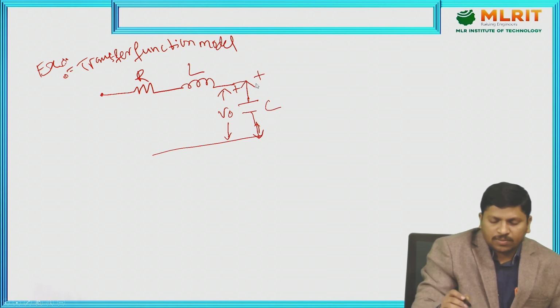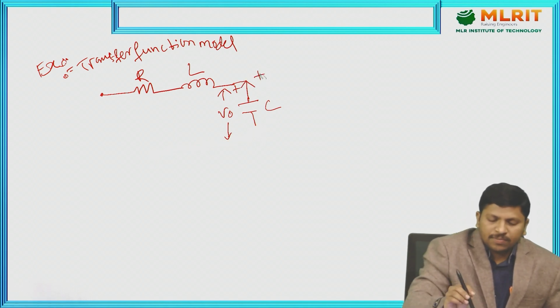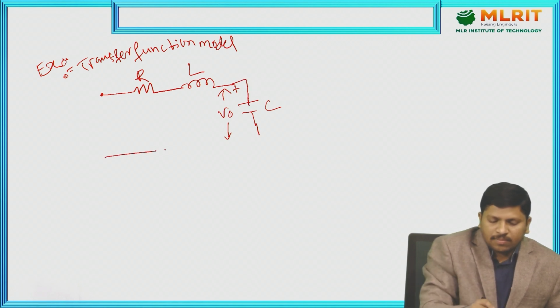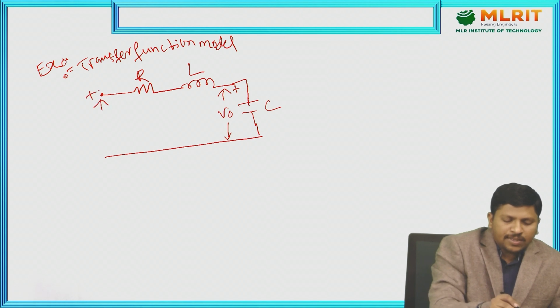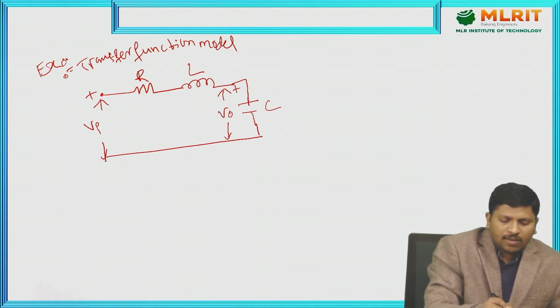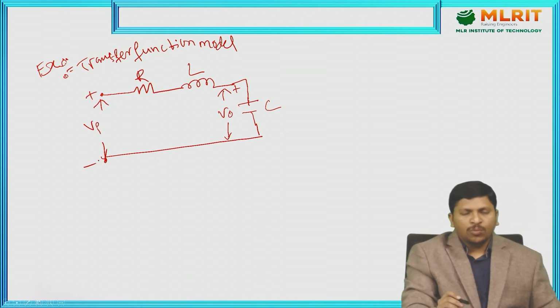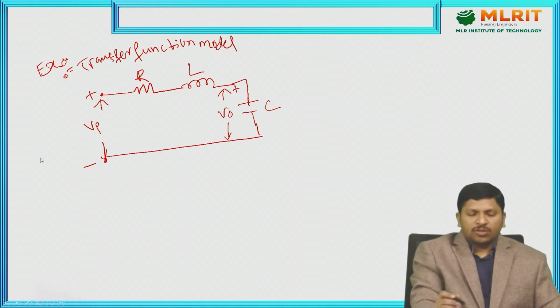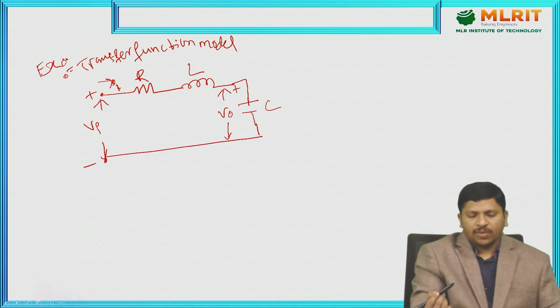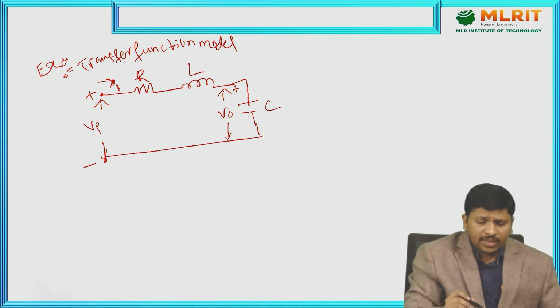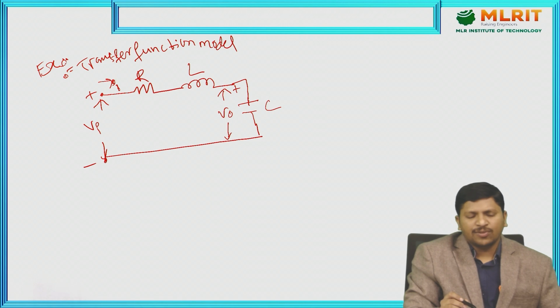Just observe, this is our RLC circuit where the input is Vi and the output across the capacitor is V output. Apply some voltage Vi of t, or else Vi, no problem. This is the example to consider for the transfer function model.